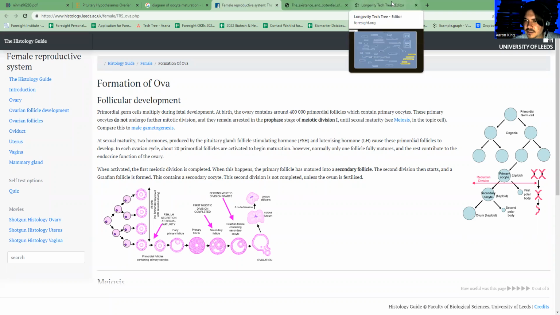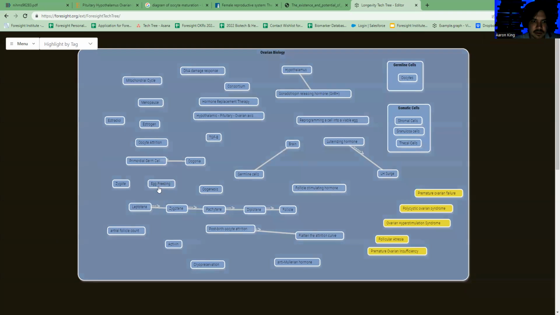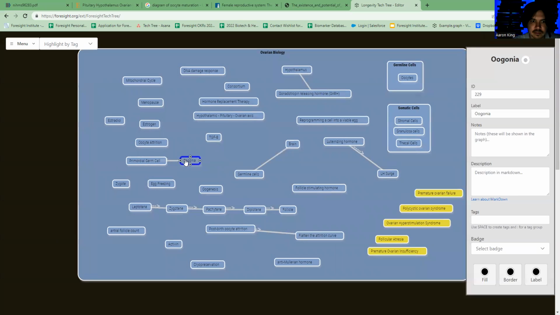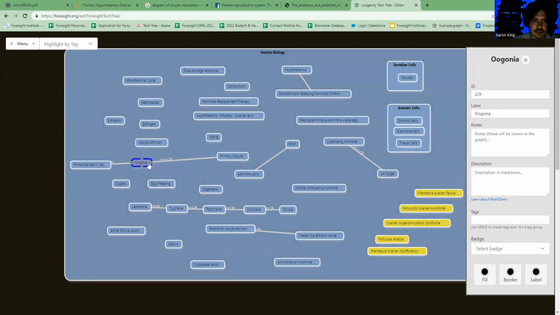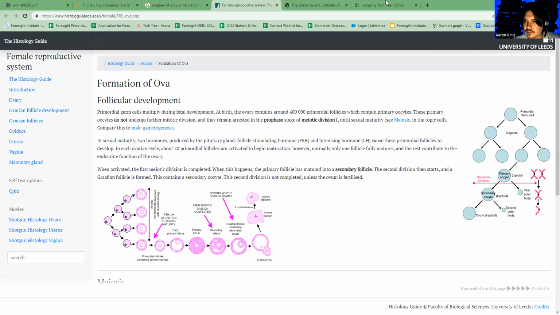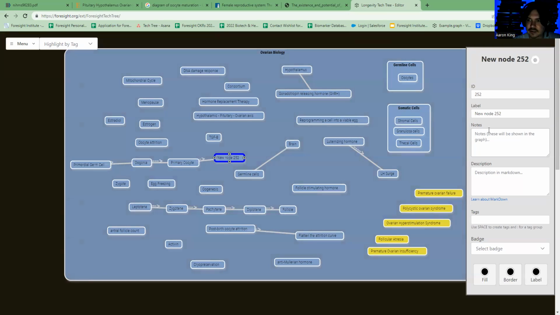Primary oocyte, diploid, so oocytes. I don't think I had primary oocyte, so we'll do that. Oocyte. Secondary oocyte.